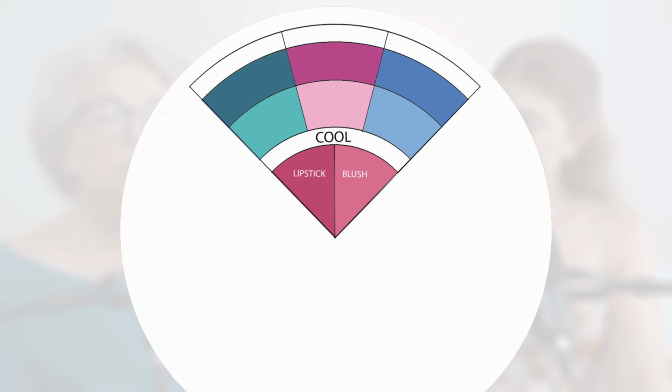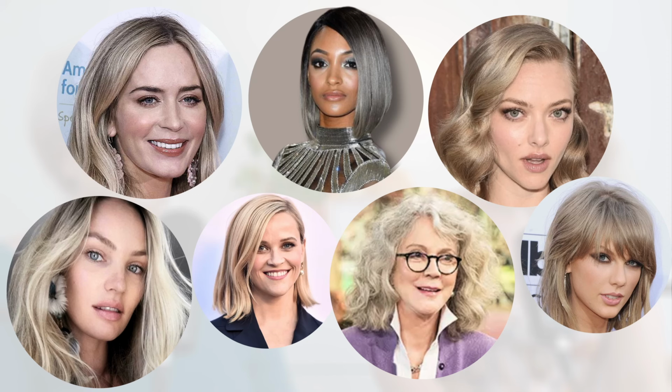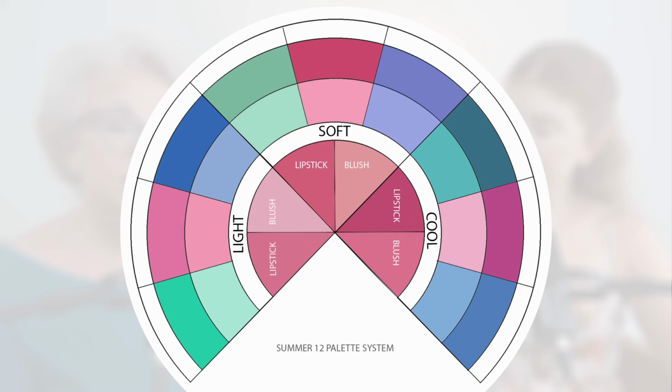It means that you have medium to very, very pale characteristics in your hair, skin, and eyes, and it also means that you have no red or gold highlights in your hair. So light and cool. And this grouping here is the summer category.